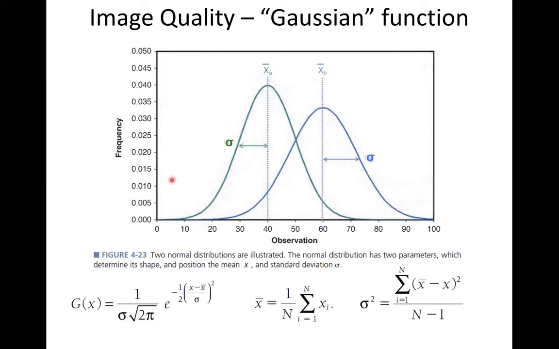And again, sigma is the root mean square deviation, or the standard deviation. Sometimes I'll call this standard deviation, sometimes I'll call it RMS, for root mean squared. And these are the formulas for the mean and the standard deviation squared. This is called the variance, which is the standard deviation squared.